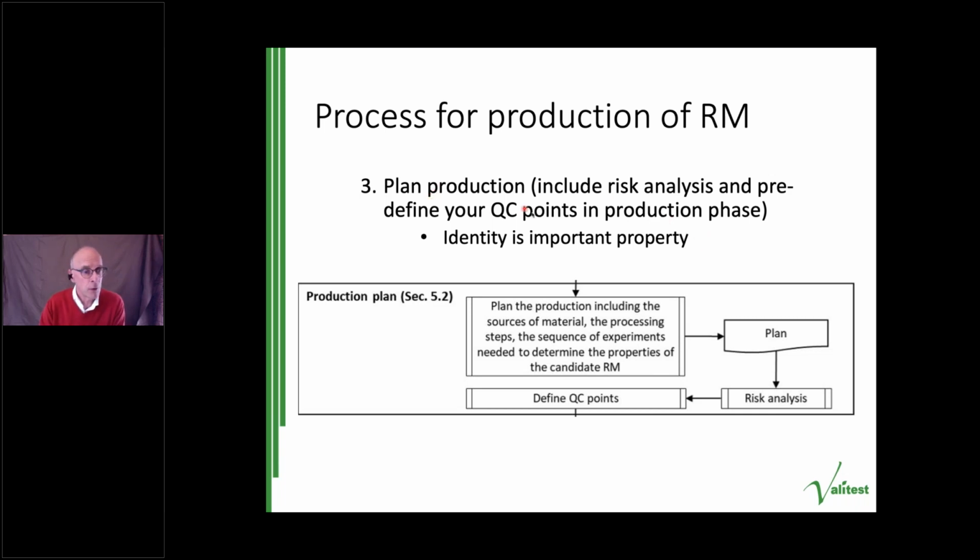But the planning of the production also includes that you need to take into account the source of the material, the processing steps you need, then the particular sequence of experiments that you need to perform to determine these properties. You need a plan for that. You need to make an analysis of the risks associated with all these processing steps, and you need to define at which point during your process you need to check which quality points, and define your quality assurance.